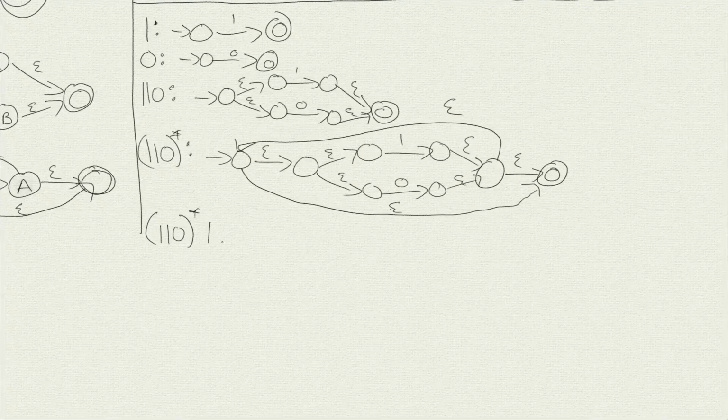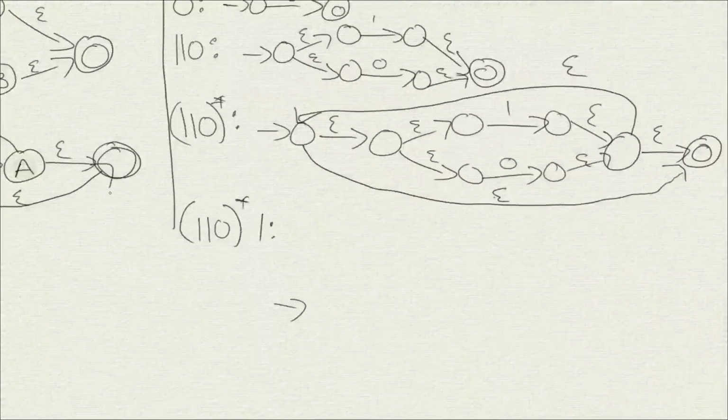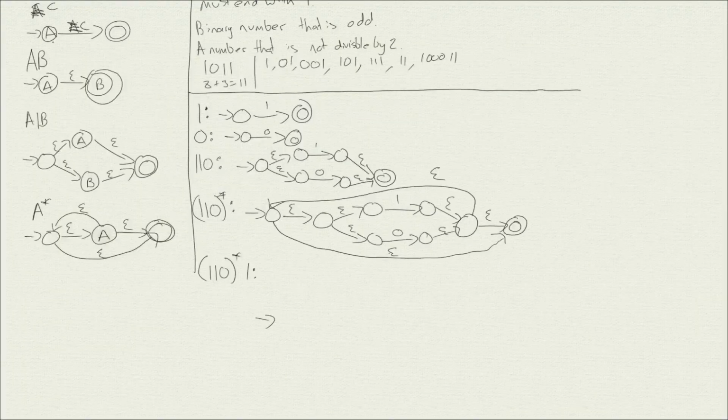So we copy this whole diagram, because what we're doing is actually just substituting 1, 0 in brackets star with A, followed by a character 1 finishing state.